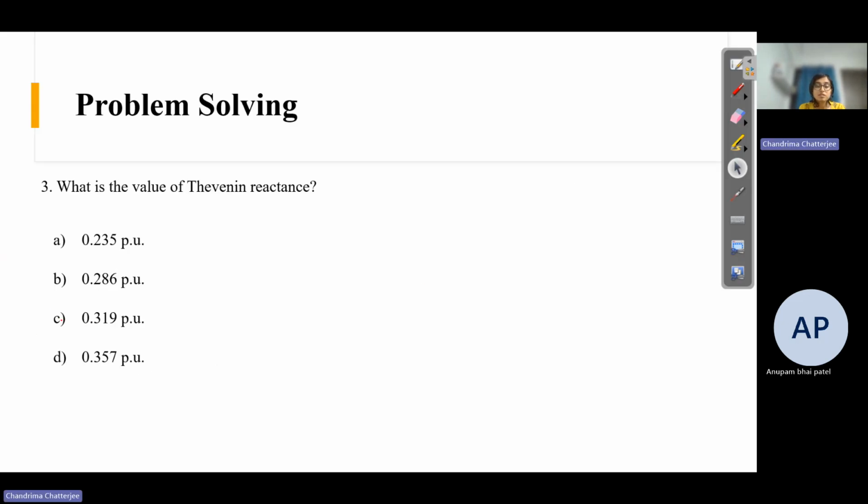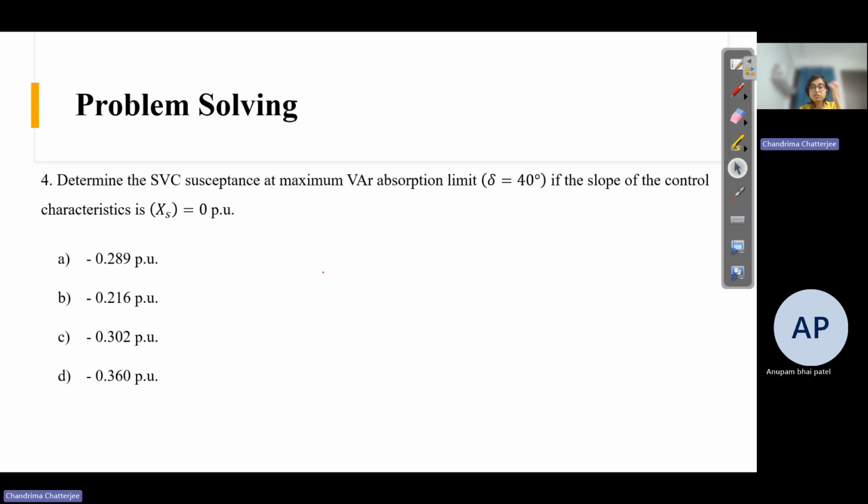So the correct option is option A, 0.235 per unit. Okay, let's proceed to the next question.